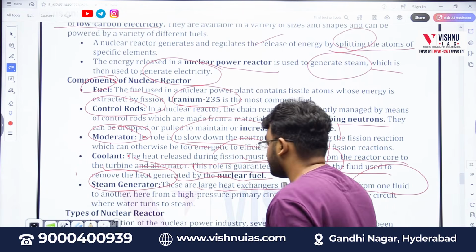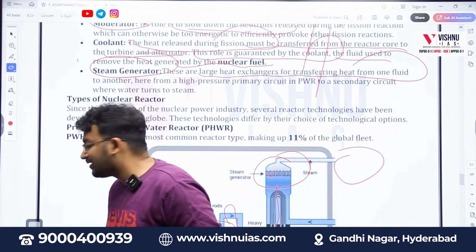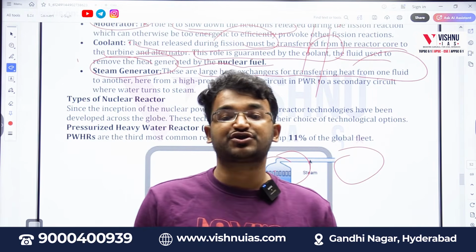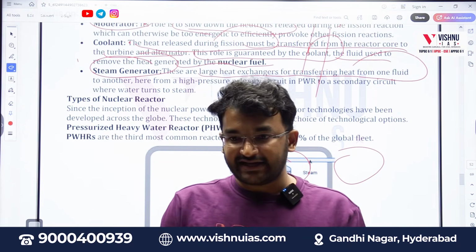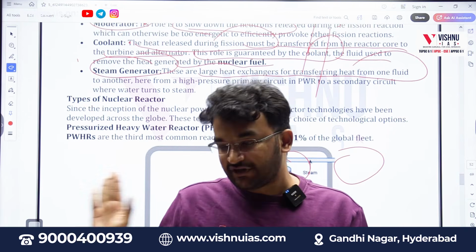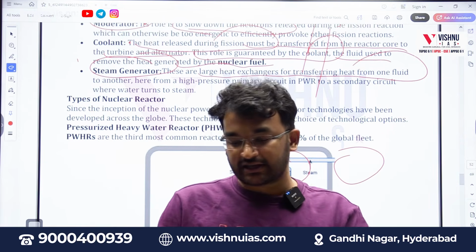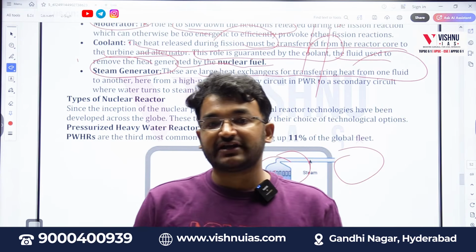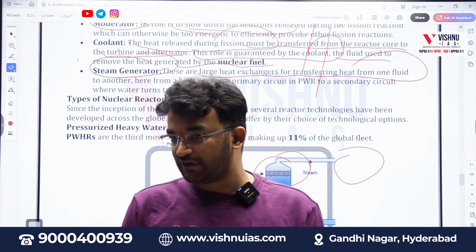Okay, now in the world we are having different types of nuclear reactors. We had identified what are the different parts of a nuclear reactor. Now we are discussing what are different types of reactors.